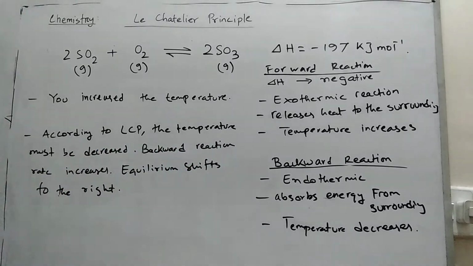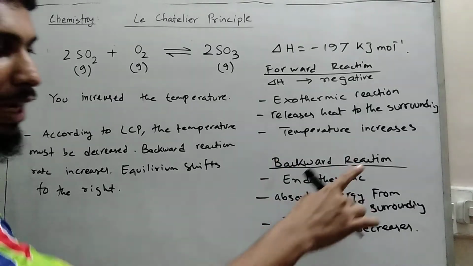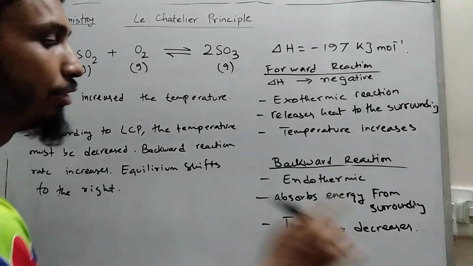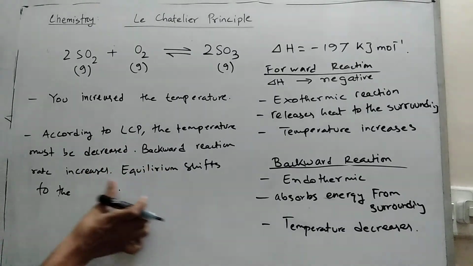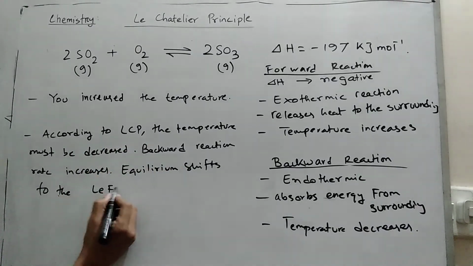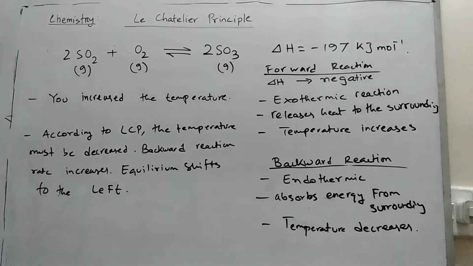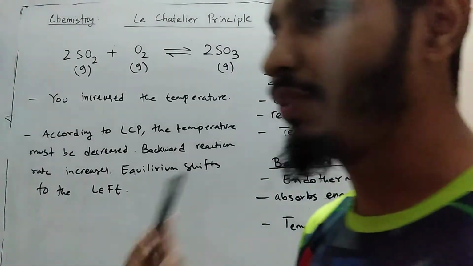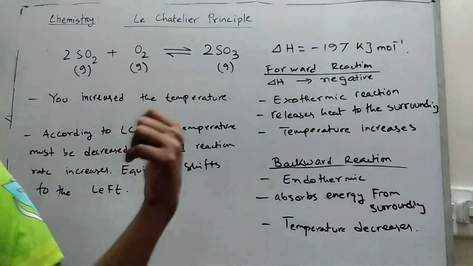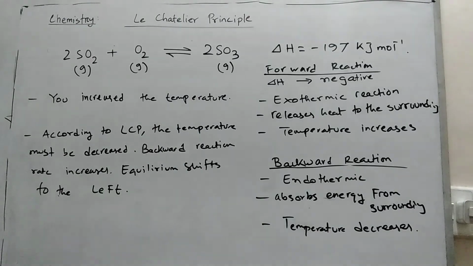Because if the backward reaction rate increases, that will reduce the temperature. So equilibrium will not shift to the right now, equilibrium will shift to the left. I hope you have understood how a temperature change is affecting the position of a dynamic equilibrium.